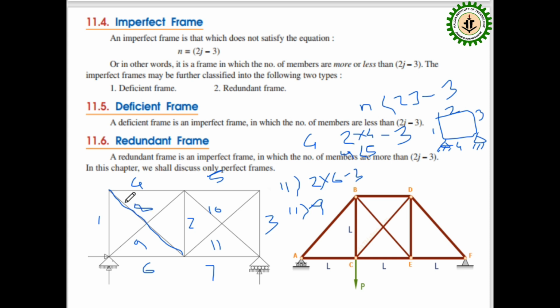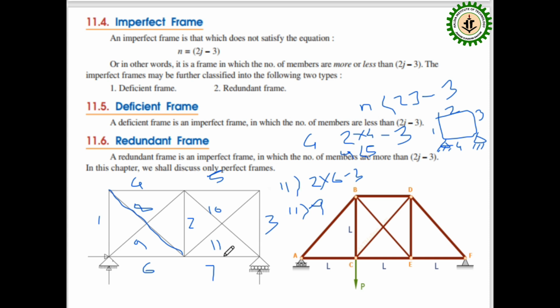If we consider this one as one member and another as another member, then we consider this one as a joint, and in that case also the answer will be the same.